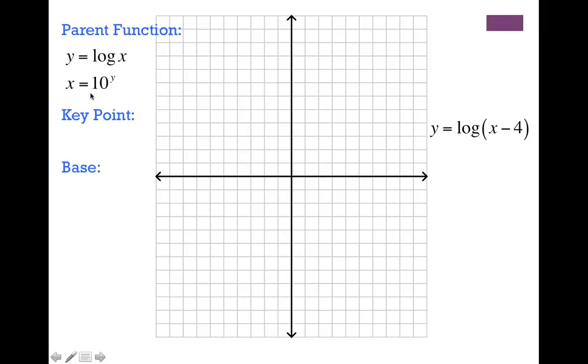Again, we know the key point in this is going to be (1, 0). And this time, because we have a base of 10, we know that another point is going to be the point (10, 1). Because again, putting 1 in for the y is going to end up giving me an answer of 10, but my answer is actually x. So (10, 1) is another point on my curve.